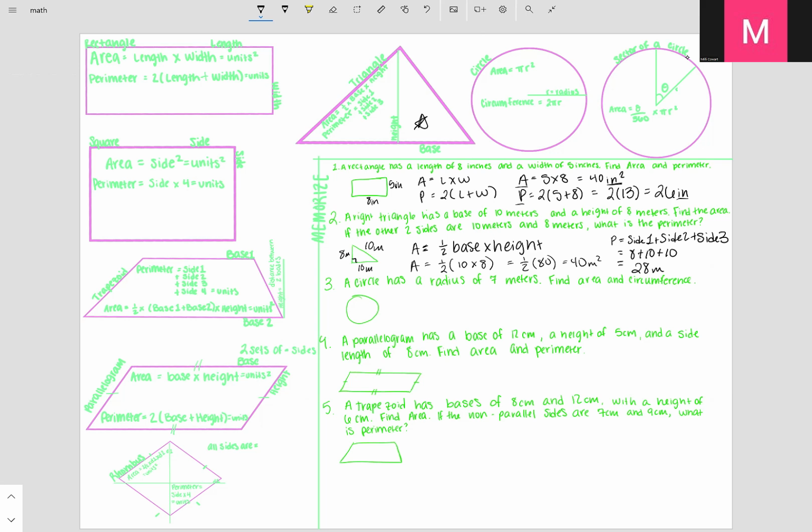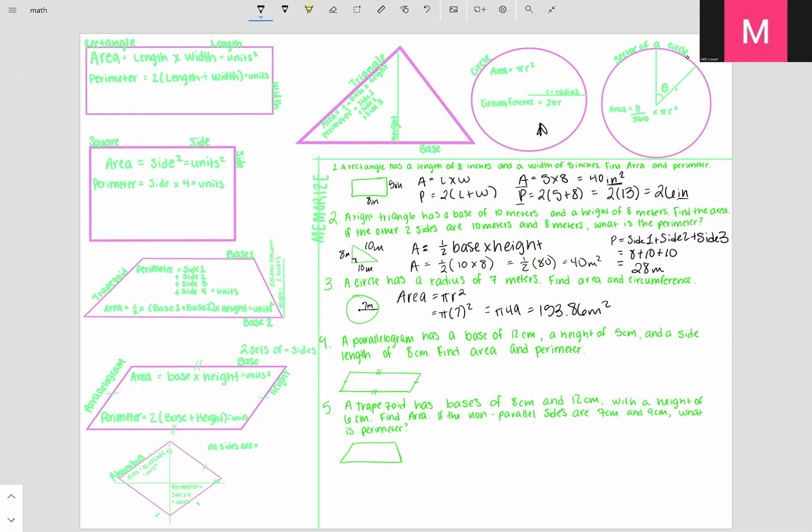Next, we have a circle. So we'll be here. Circle has a radius of 7 meters. We want to find the area and circumference. So starting with area, we have pi r squared, which means we're going to have pi times 7 squared, which equals pi times 49, which equals 153.86 meters squared.